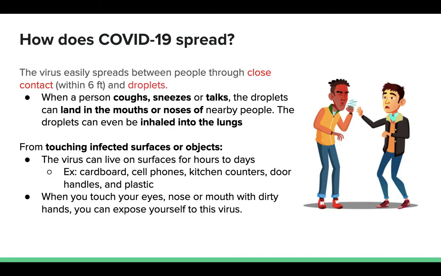Different viruses have different lengths of time in which they can survive outside of the body, which is why it's really important to be cautious of things and surfaces in our home or outside that we're touching and possibly spreading, such as cardboard, cell phones, kitchen counters, door handles, and even plastic. When you touch your eyes, nose, or mouth with dirty hands, you can expose yourself to this virus.